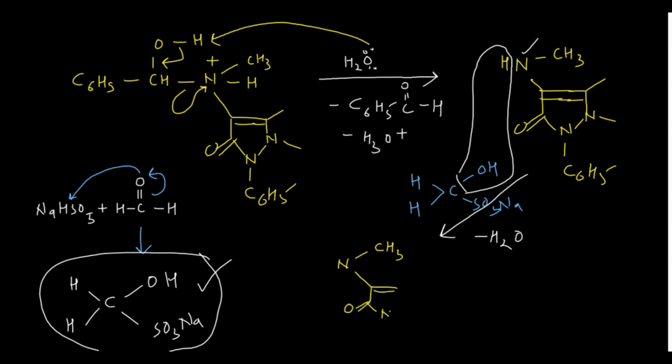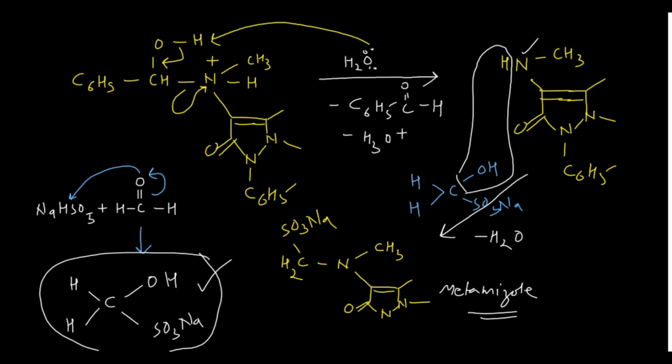Nitrogen is here and another nitrogen is here. This is methyl substituted, this is also methyl substituted. Now this is connected with the CH2, and this carbon is already having SO3Na. So basically this particular product which you have formed in the last step is your drug, your metamizole.